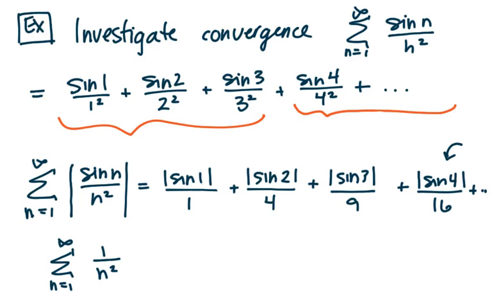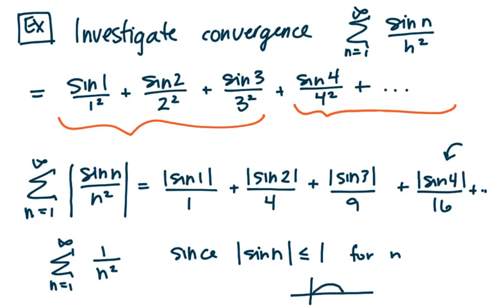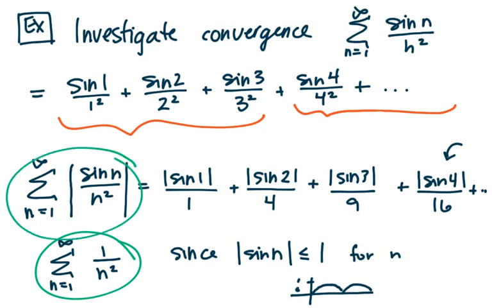And since the absolute value of sine n is always going to be less than or equal to 1, and that would be for all n values. Again, keep in mind what the graph of the absolute value of sine would look like. Instead of going down here, once it got there, it would go up, okay? And remember, the absolute value of sine is bounded between 0 and 1. So this is always going to be less than or equal to 1. So essentially, this series is larger than this series.